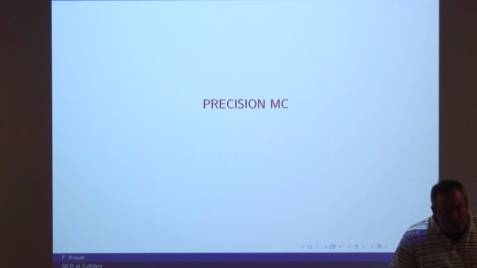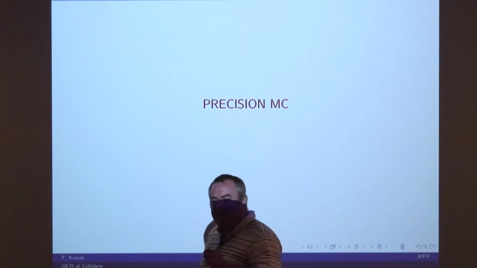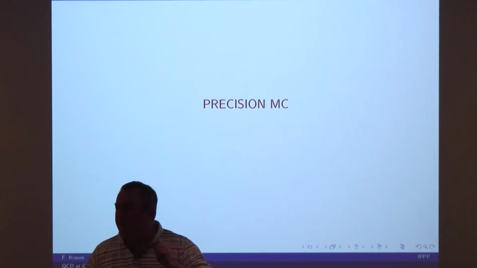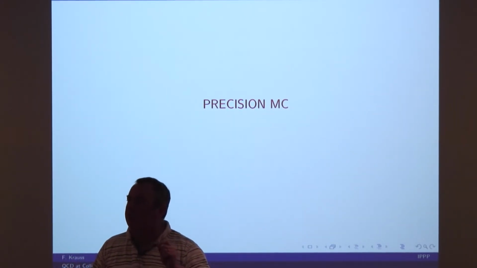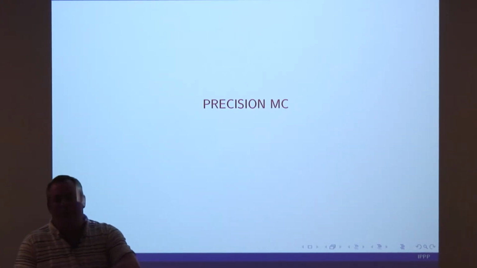Now, I want to use the last 20 minutes or so to show you a little bit of how you push the precision. We are now at a stage of simulation of about 95.